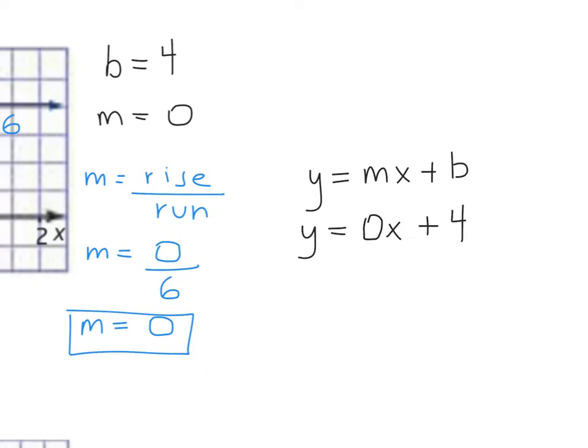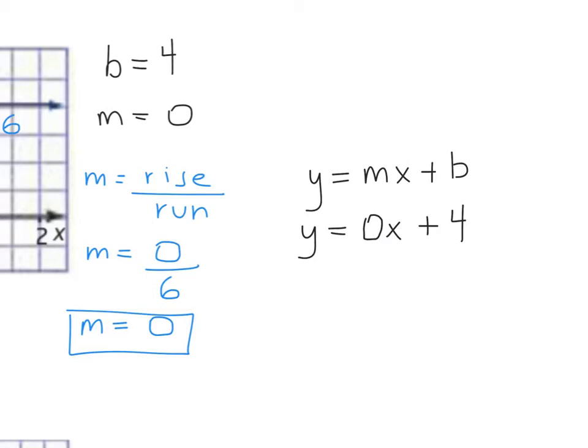Now, it seems kind of weird to leave it like this because in math we never really refer to anything as 0x. We could say 1x, or 2x, or 12x, or a million x, but we never use 0x. And just doing some basic math, 0 multiplied by anything, whether it's a number or a variable like x, would just be 0.